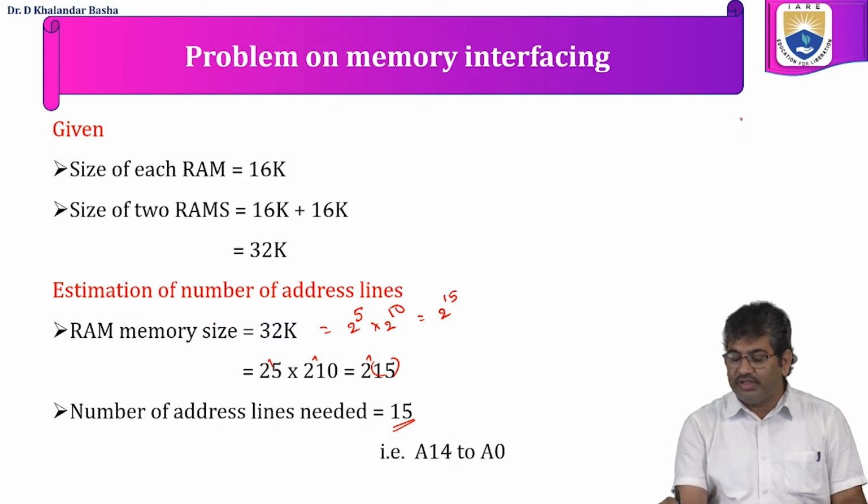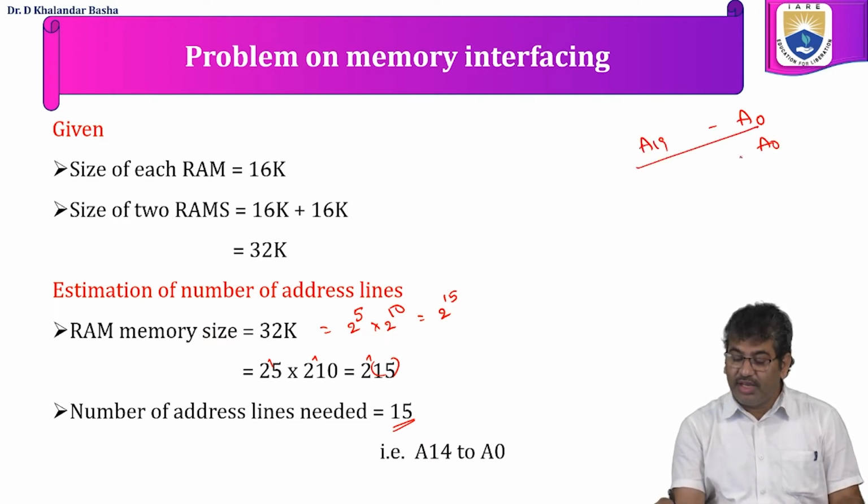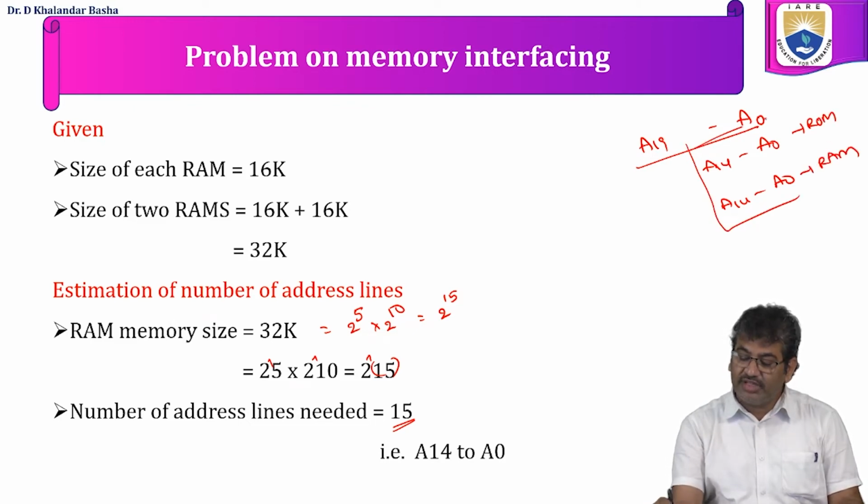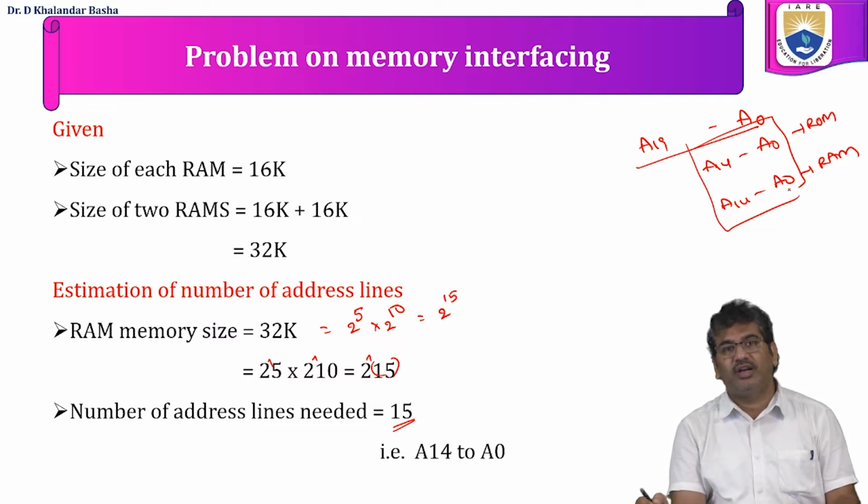Now, out of these address lines from A0 to A19, we are taking A0 to A14 for accessing the ROM blocks as well as RAM blocks. As these two are the same in size, the number of address lines required are the same.